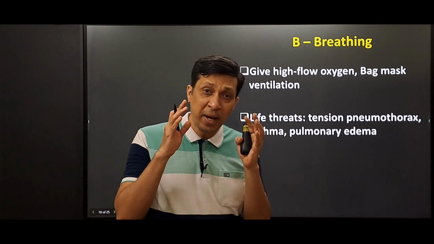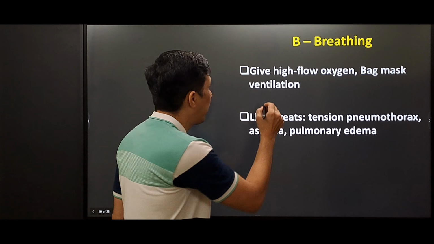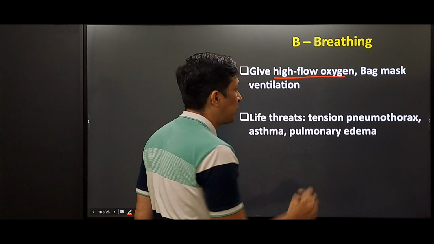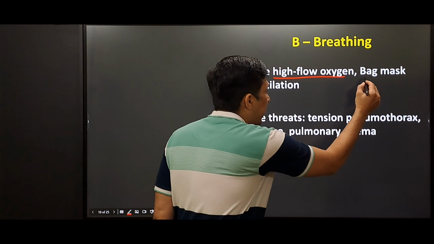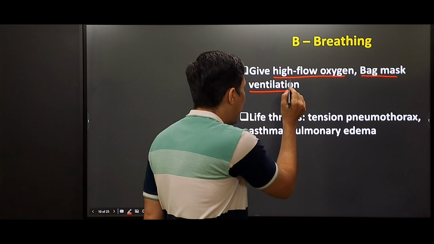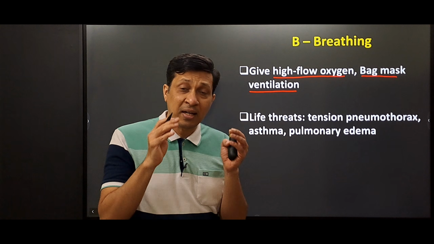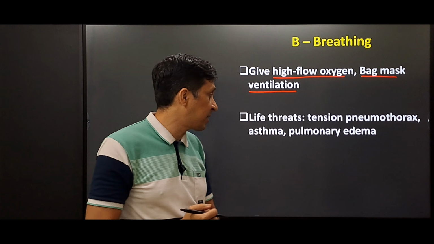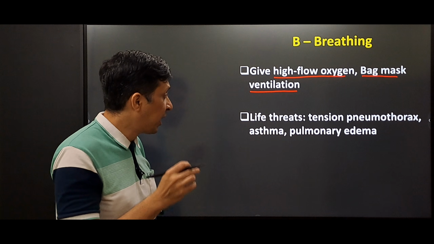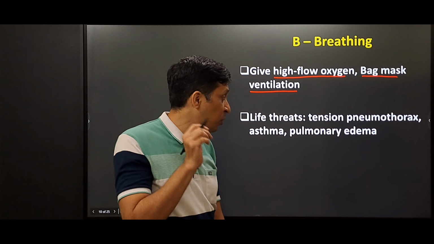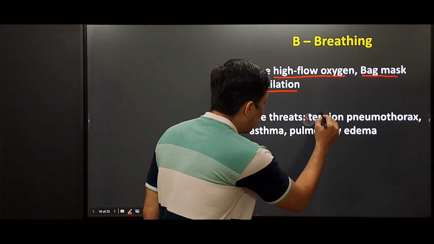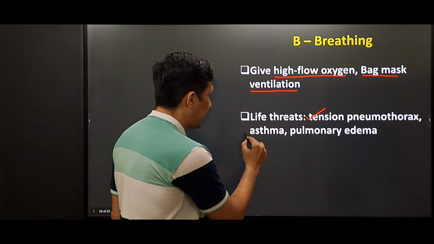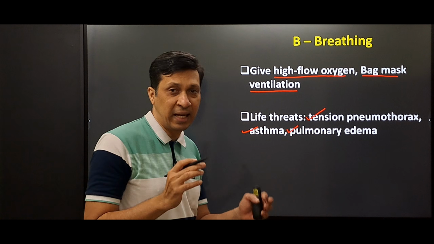Then how will you manage if there is a problem? You have to give high flow oxygen, and sometimes you may have to use bag mask ventilation. There are certain life-threatening conditions, and as I said initially, you have to also manage those conditions. They are like tension pneumothorax, asthma, pulmonary edema, like this.